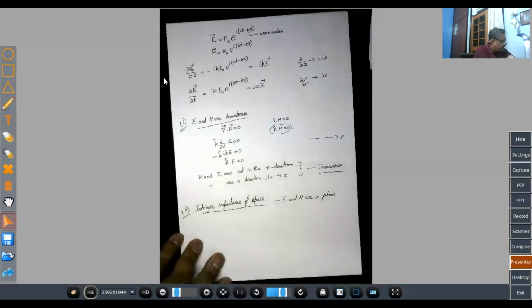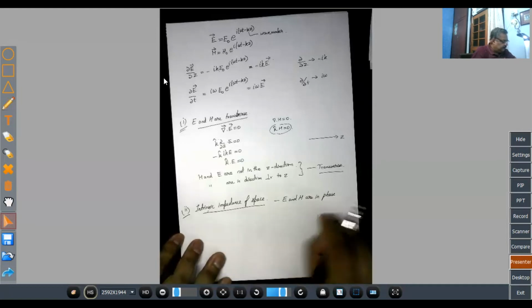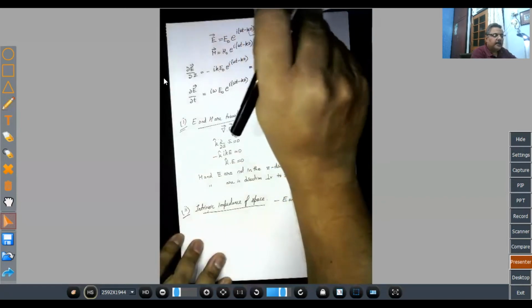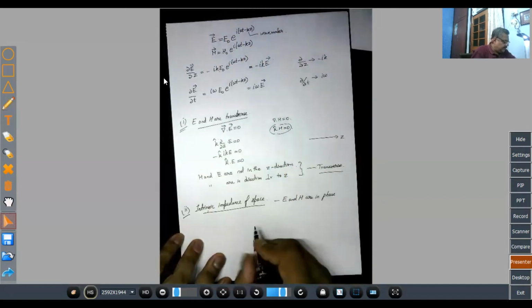So what we have formed, let's start with the third Maxwell's equation.